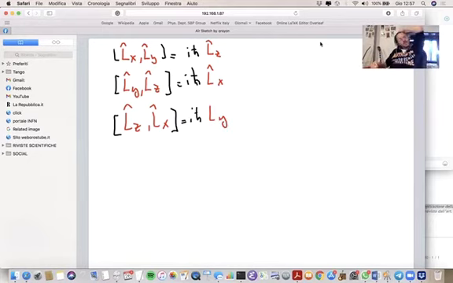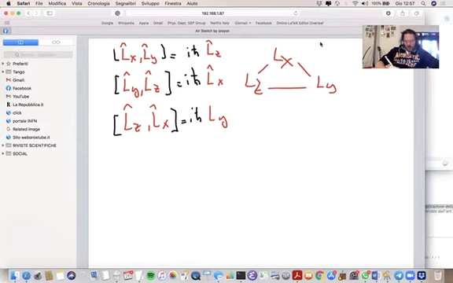So an easy way to memorize this is to do Lx, y, and z, and draw a triangular permutation diagram. What this diagram is telling me is that if I do the commutation of Lx and Ly, I get Lz, Ly and Lz, I get Lx, Lz and Lx, I get Ly.